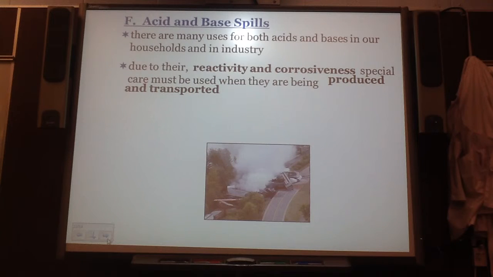Sometimes people think about acids as being the really bad things, but bases can be very corrosive and very destructive too. So don't be fooled by the bases. They can be just as nasty.